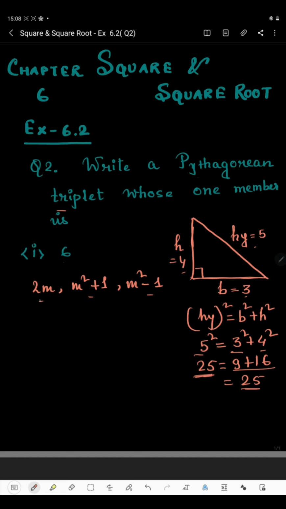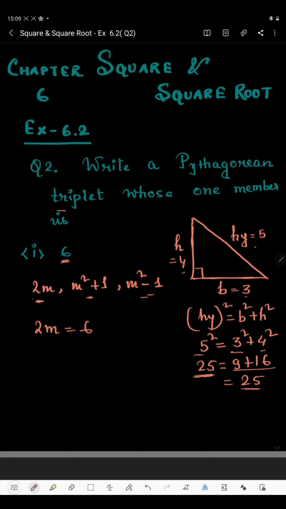So in a triplet there will be 3 members. So these are 2m, m square plus 1 and m square minus 1. Now here one member is given, which is 6, and this is also a member of Pythagorean triplet. Now 2m is also a member of Pythagorean triplet and 6 is also a member. Now if I make it equal, 2m will be equal to 6.